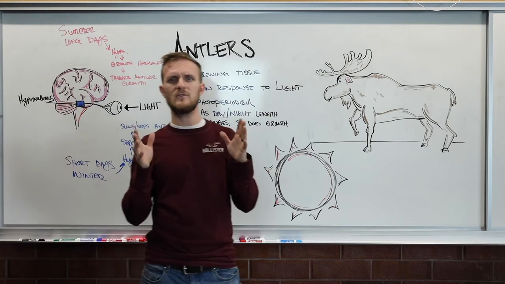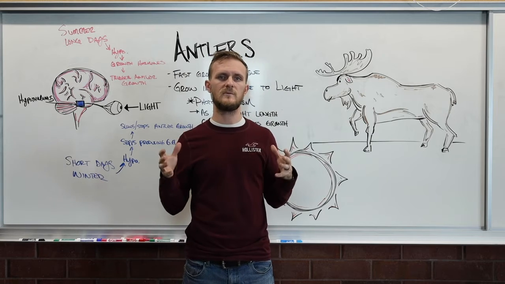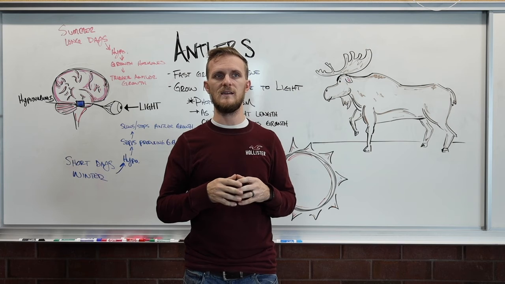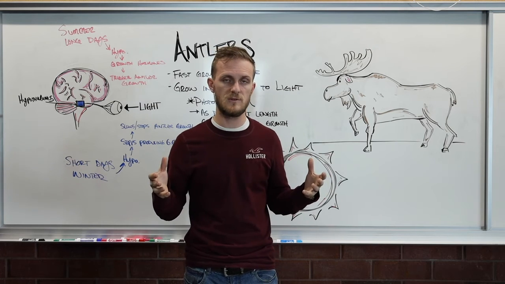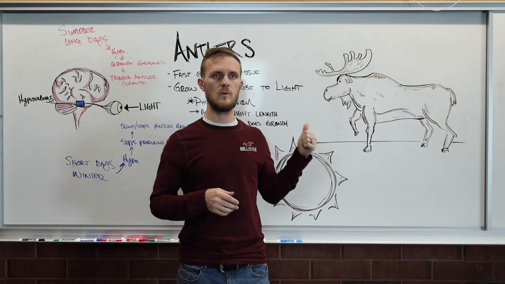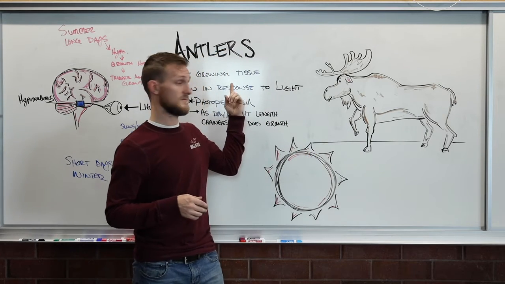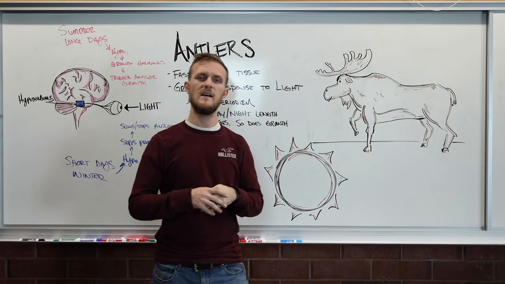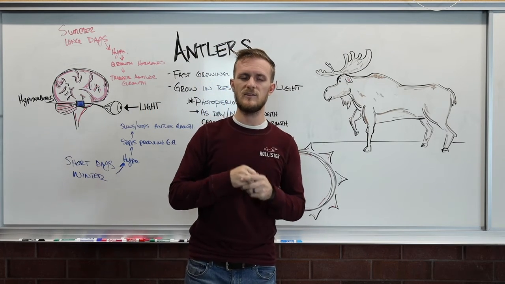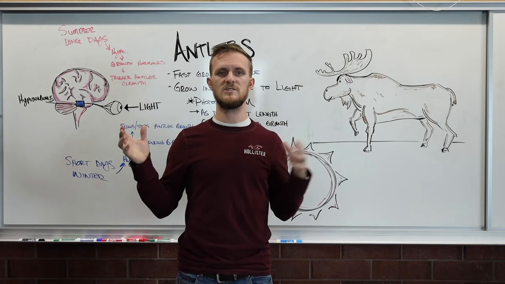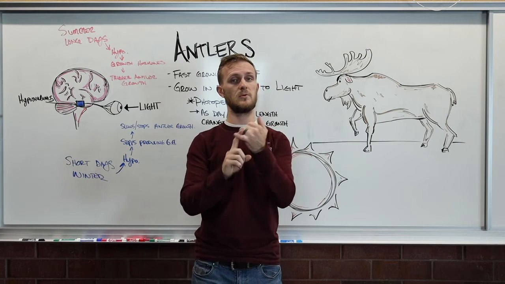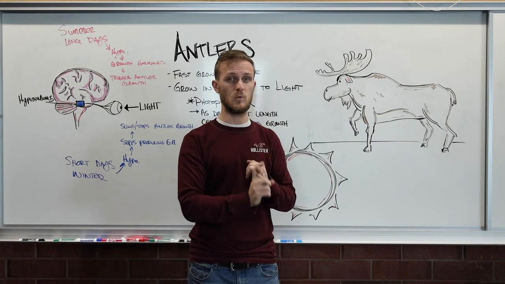Okay, now here's where this comes down to optimizing a biological system to be the most efficient and the healthiest for the organism. Because antlers take so much energy to grow, as being the fastest growing tissue, they require a lot of energy input. Now, in the northern hemisphere, we have extreme changes in seasons. So in Utah, we experience pretty hot summers and really cold winters.